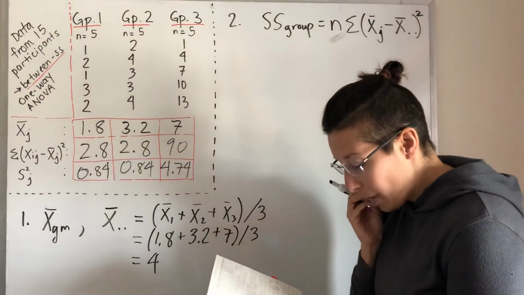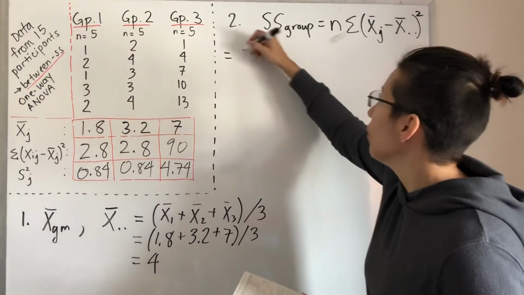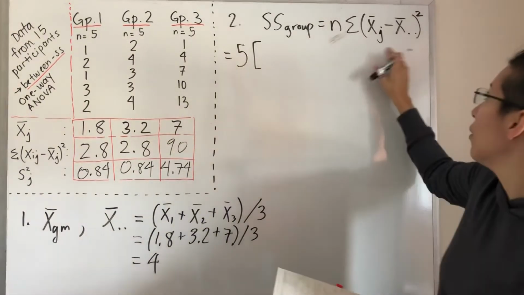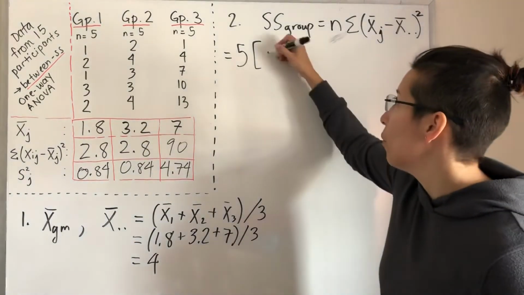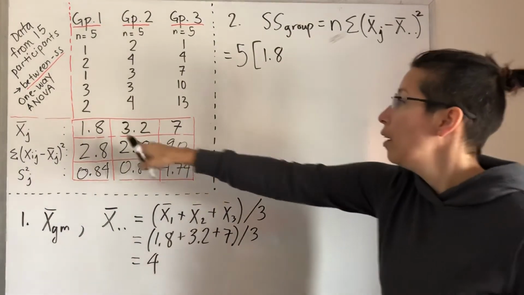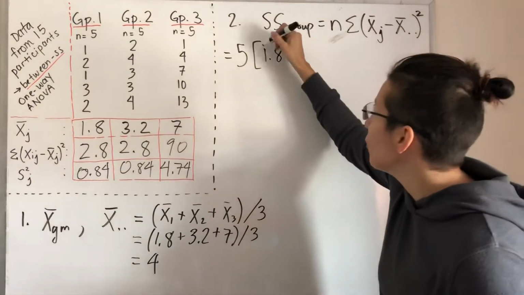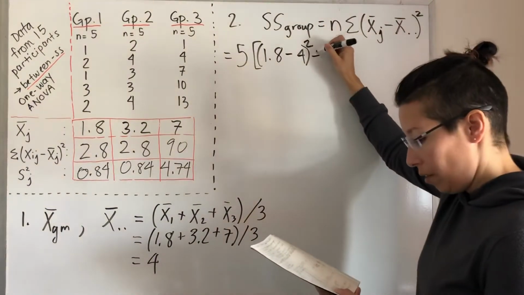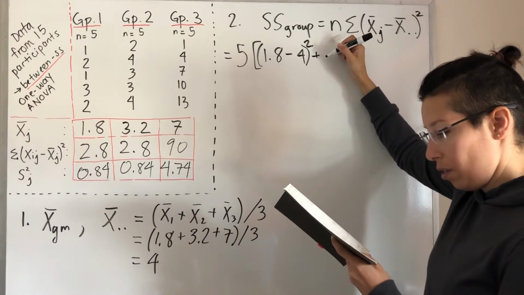So do that, but if you just want to see, our n is 5, and then I'll open up a big square bracket so I can do this stuff here. The first mean for the group is group 1's mean, which is 1.8, and then we subtract the grand mean, and then we square that number. Same thing for the other ones.